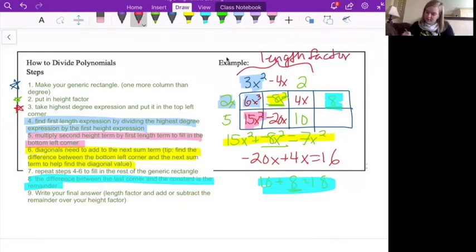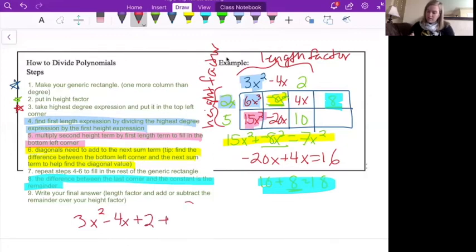This is the height factor. So I take the length factor of 3x squared minus 4x plus 2, and then in this case we're going to add 8. So add the remainder over your height factor of 2x plus 5.